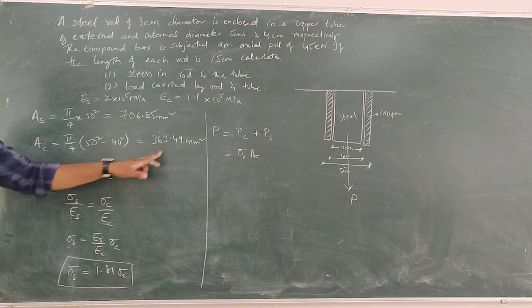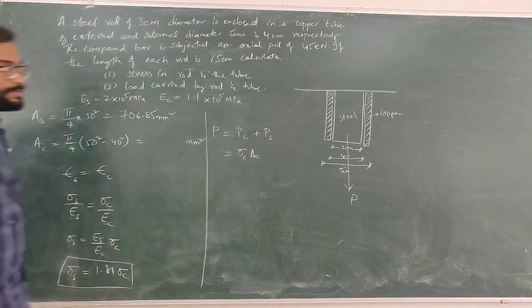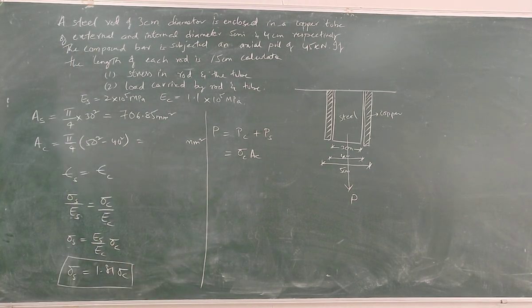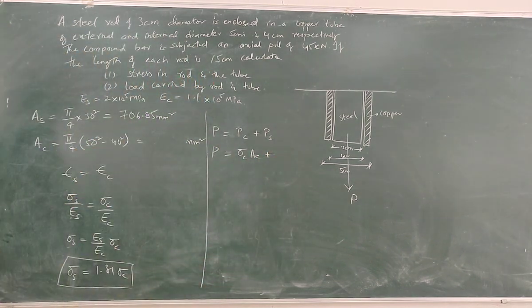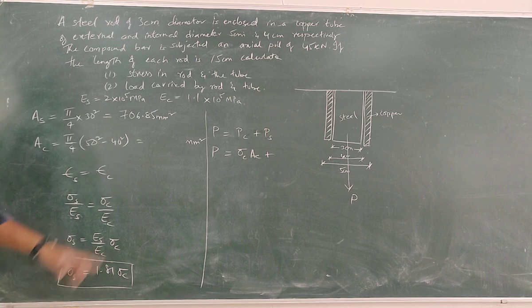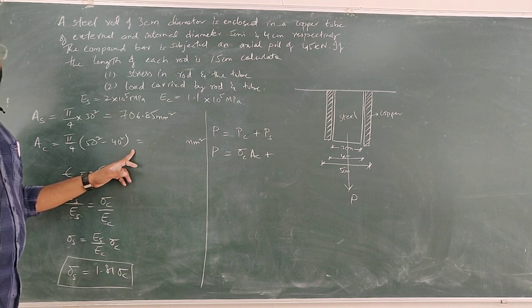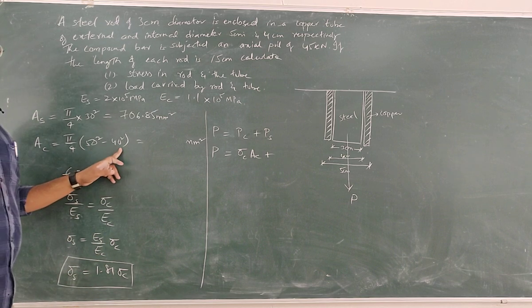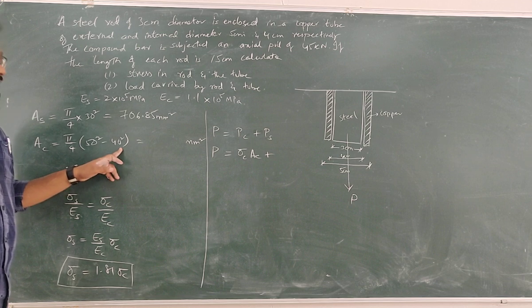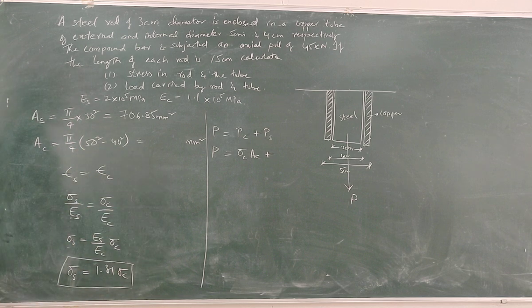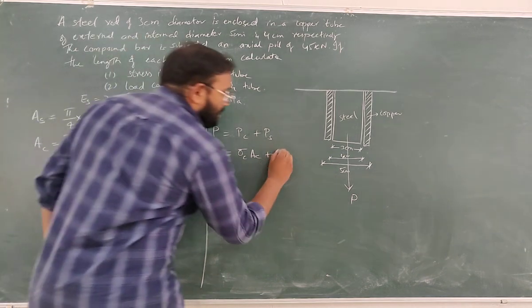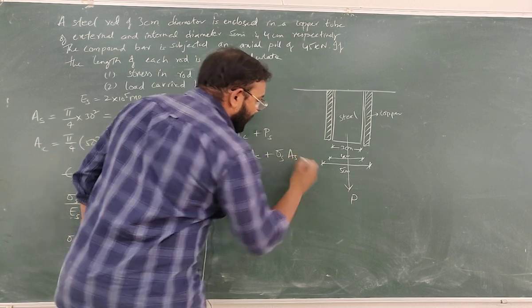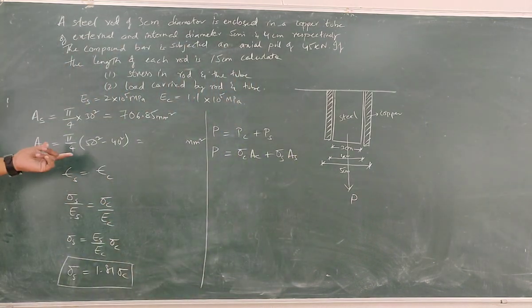This is wrong. Sigma c into AC, this is pi by 4 into 50 square minus 40 square, plus sigma s into AS. Tell me what is this answer?